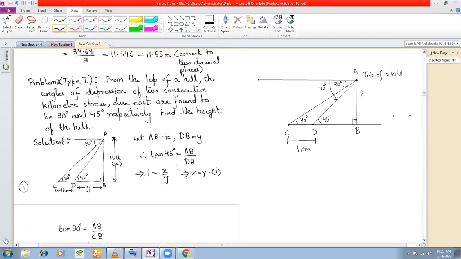Now here we have to find out the height. Whenever you get this kind of a question where you have to find out the height, it is always easier to take the height.